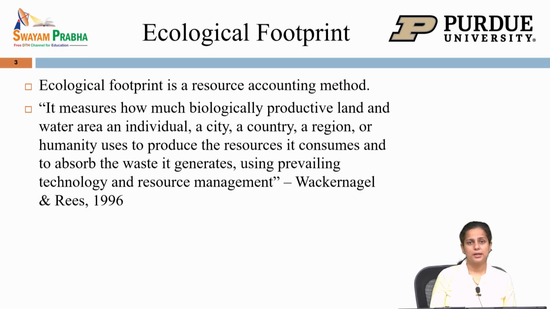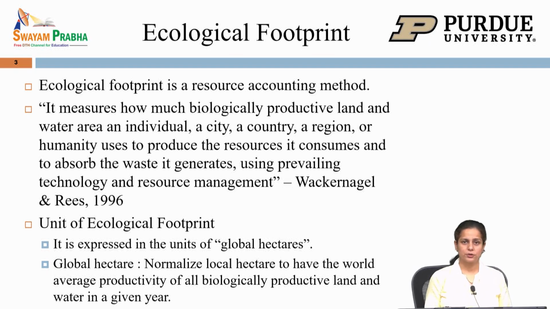There is also an idea that when we are putting out emissions or waste in the atmosphere or ecosystems, we are consuming some land which could be available for the biological productivity, but it gets lost because it is now available to take care of the waste that we have put. So, all of that activity that consumes resources and also produces waste has a contribution to the land consumption or the land appropriation by human activities, and that is what is known as the ecological footprint.